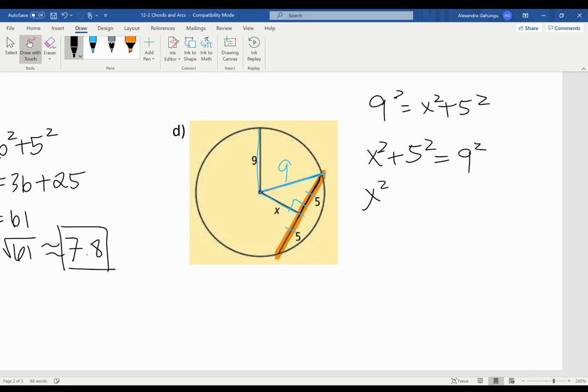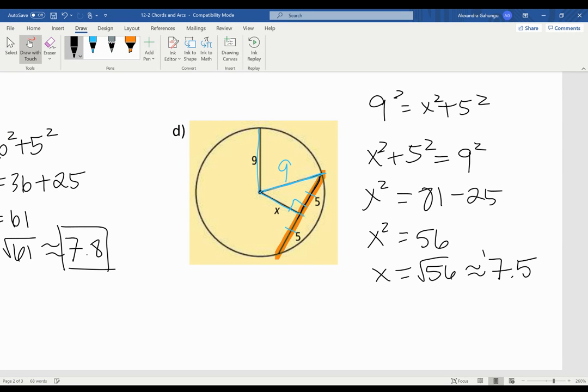I just like having my variable in the front. So we'll get 81 minus 25. And we get 56, and x is the square root of 56, which is approximately 7.5. So rounding to the nearest tenth.